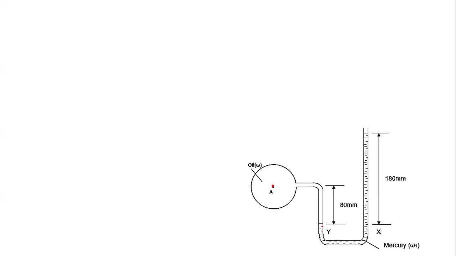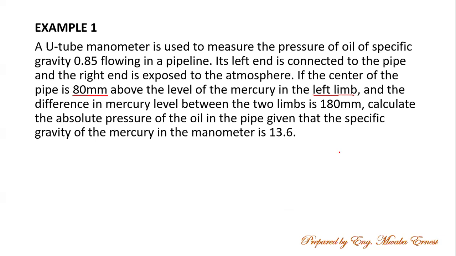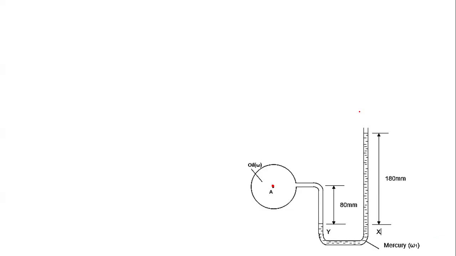So drawing it, that is what we have. What else? We are also told the difference in mercury level between the two limbs is 180. Again, meaning that this is mercury, this is mercury. The difference in mercury level: this is the level in the left limb, this is the level in the right limb. The difference between them is the height above here, because you subtract this from the total.